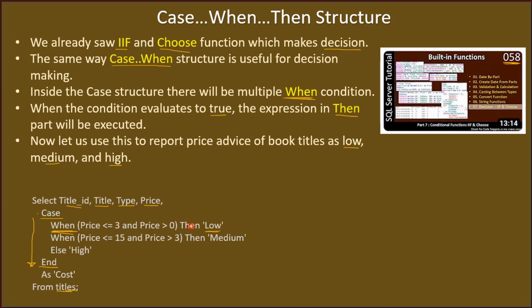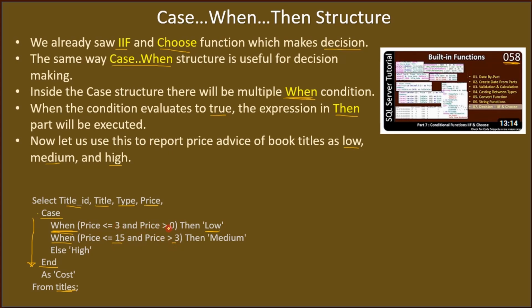In the then statement, we are forming a simple expression by placing a single quote. Here you can even place multiple statements or run some other query, whatever you want, in the then structure. Next we open one more when, price less than or equal to 15 and greater than 3.